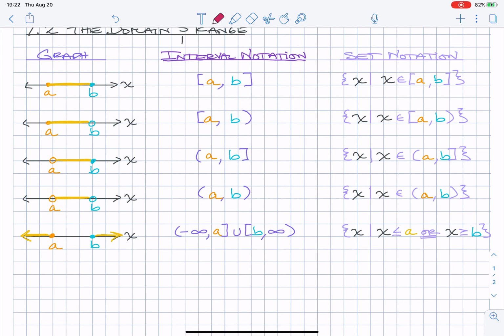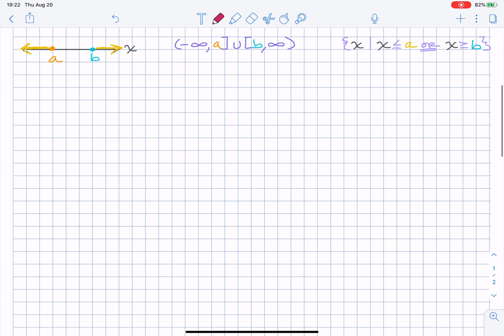So let's recall. Number one, the domain of a function. So the domain, that's what we're recalling. The domain of a function is the set of all inputs, or all allowable inputs.